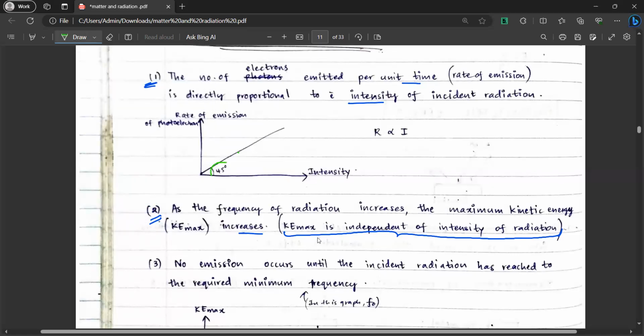Why is this 45 degrees? The reason is when you have one photon, it will release only one electron. Two photons, two electrons. Okay.